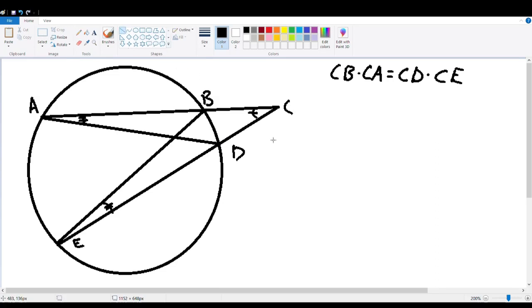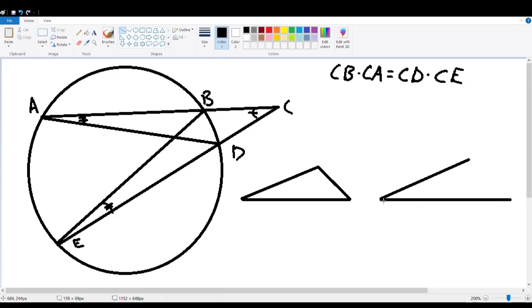So since we know that these two triangles are similar, we can draw them out like so, right here, and right here, like this.